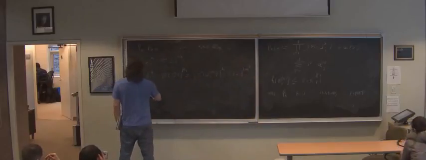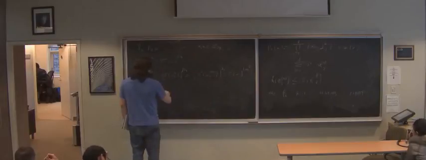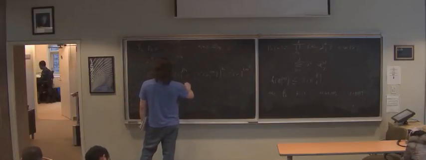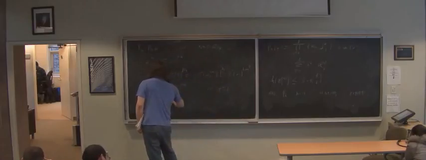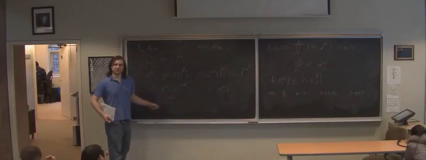And so if you keep going, you get alpha 1 to the n is sigma to the r of alpha 1 to the nm to the r. So if we take r to be the order of sigma, so that sigma to the r is equal to 1, what you get is that alpha 1 to the n is alpha 1 to the nm to the r, which means that alpha 1 is a root of unity. Right?